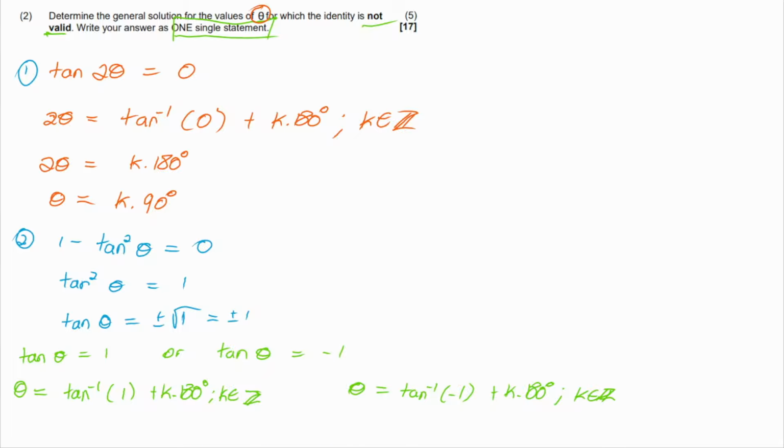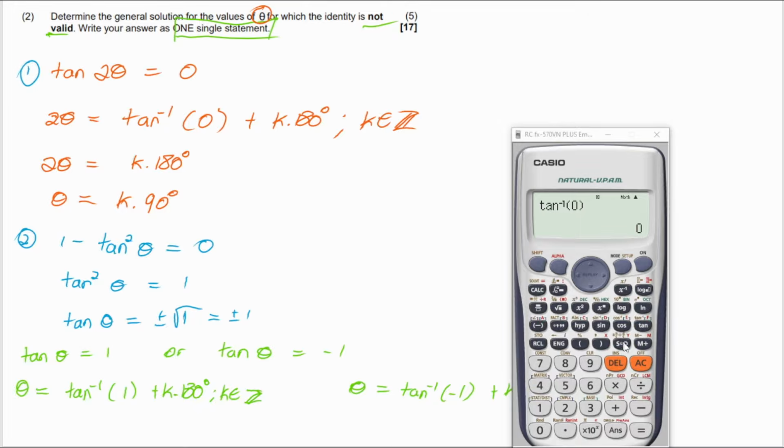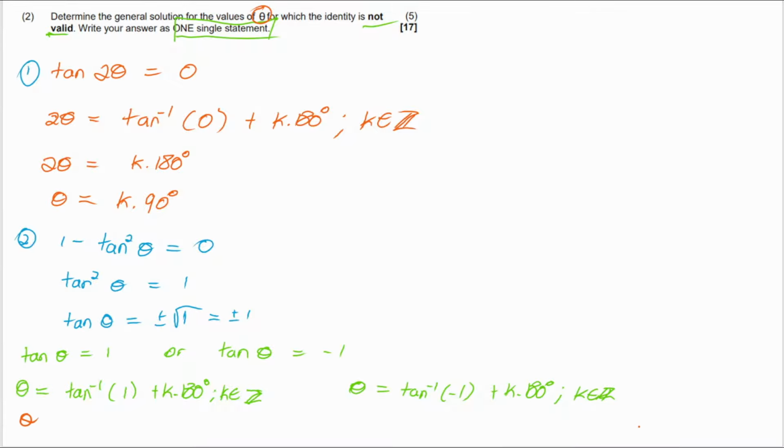Okay, so if we work with this one, again, I'd use the calculator. I do shift tan of 1 is 45. So theta is equal to 45 degrees plus k180 degrees.